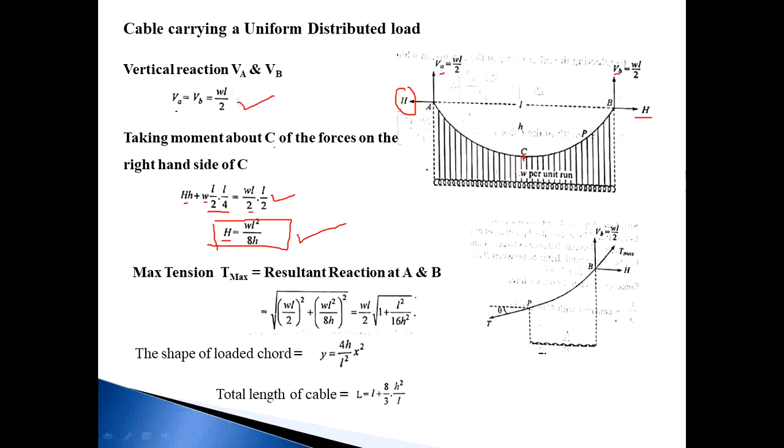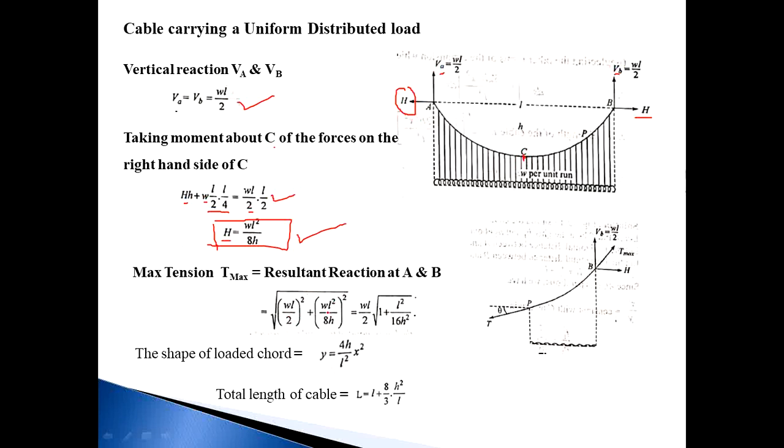Then the maximum tension, Tmax. How to calculate maximum tension in the cable? It is simply the resultant of the forces H and VA. H becomes WL square by 8h and VA becomes WL by 2. Then the resultant force is the square root of VA square plus H square.